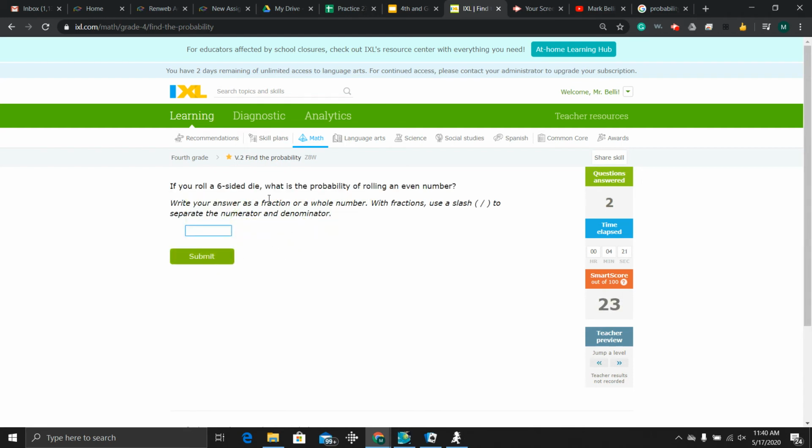If you roll a six-sided die, what is the probability of rolling an even number? Sometimes IXL will repeat questions just to make sure you understand. We've already done this, so I'm not going to spend a lot of time on that question, and we're going to move on. Here's a good one. If you roll a six-sided die, what is the probability of rolling a 3?